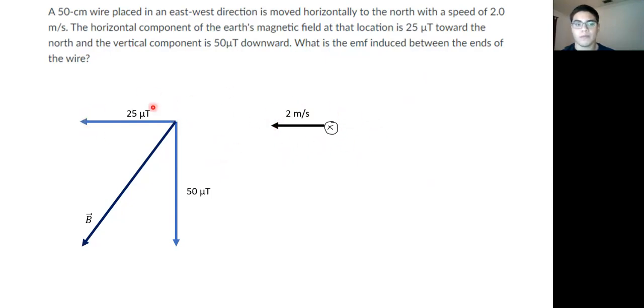So the horizontal component of the magnetic field is not going to have any effect in our calculation. What we only have to worry about is the 50 microteslas component of the magnetic field that is perpendicular to the motion of the wire.